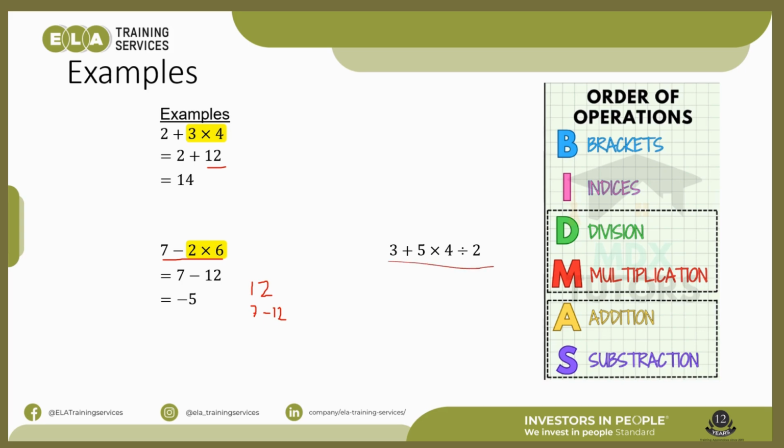Lastly, our third question over here, 3 plus 5 times 4 divided by 2. Now there are a lot more functions in this question. So the first thing we have to do is go step by step through BIDMAS. Are there any brackets? No. Are there any indices? No. Is there any division? Yes. So let's do the division section first. 4 divided by 2 is 2. The next thing we look at is, is there any multiplication?